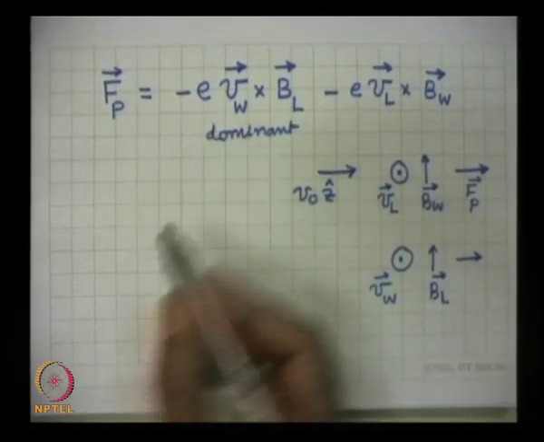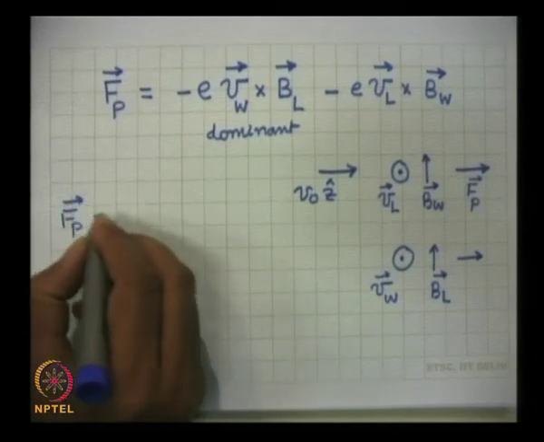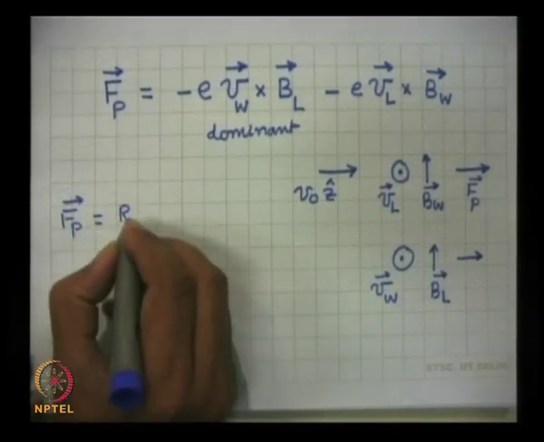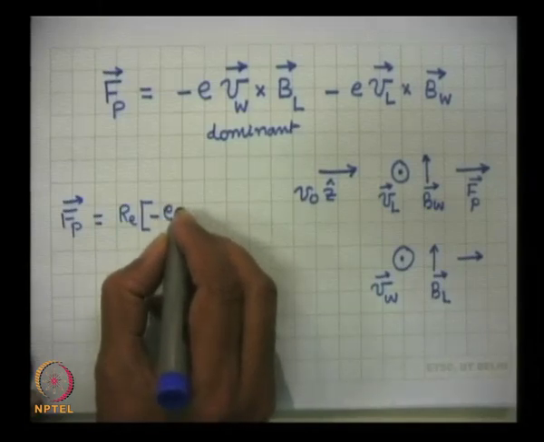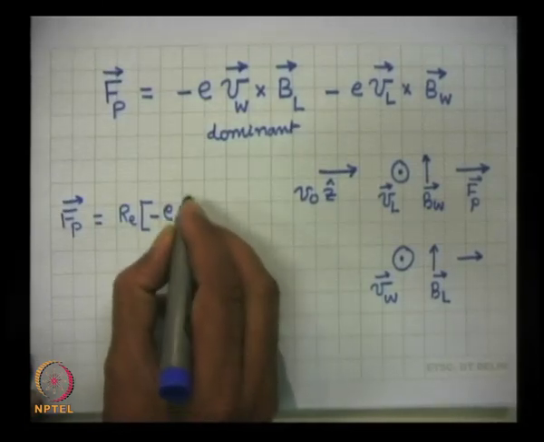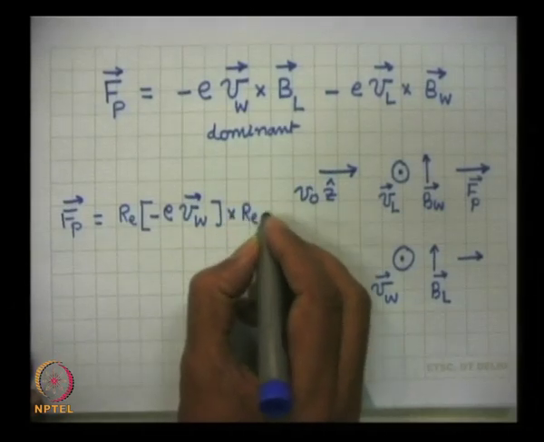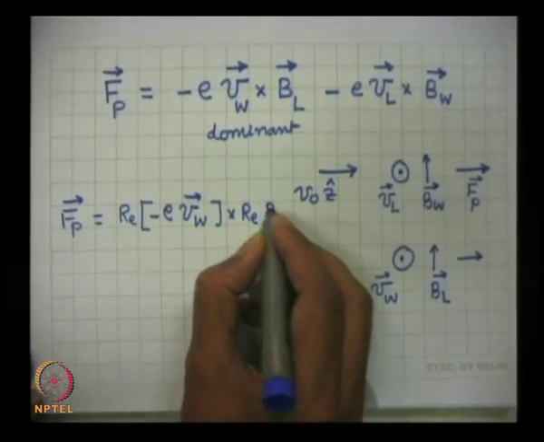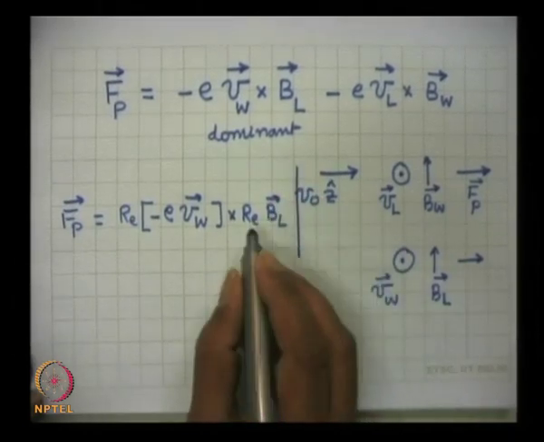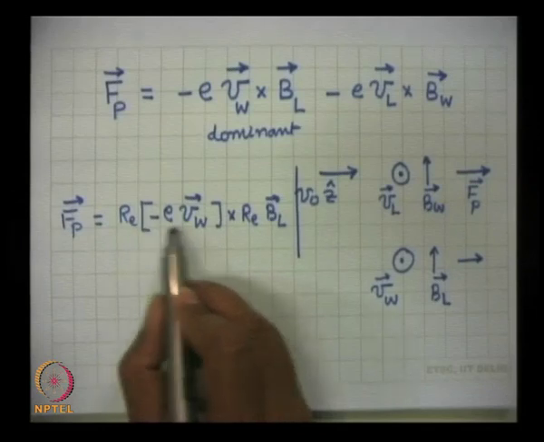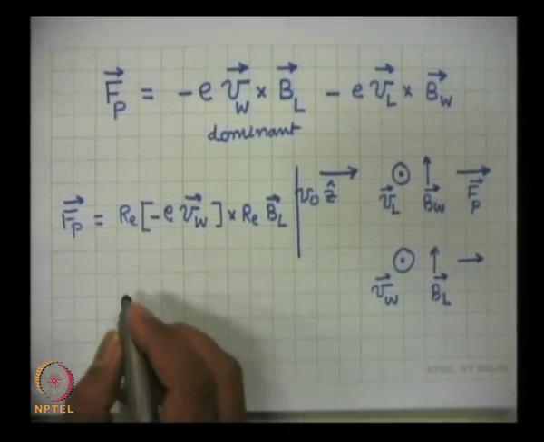Means this Fp primarily is real part of minus E Vw and real part of BL. This is important. Re symbolizes real part of a complex quantity.